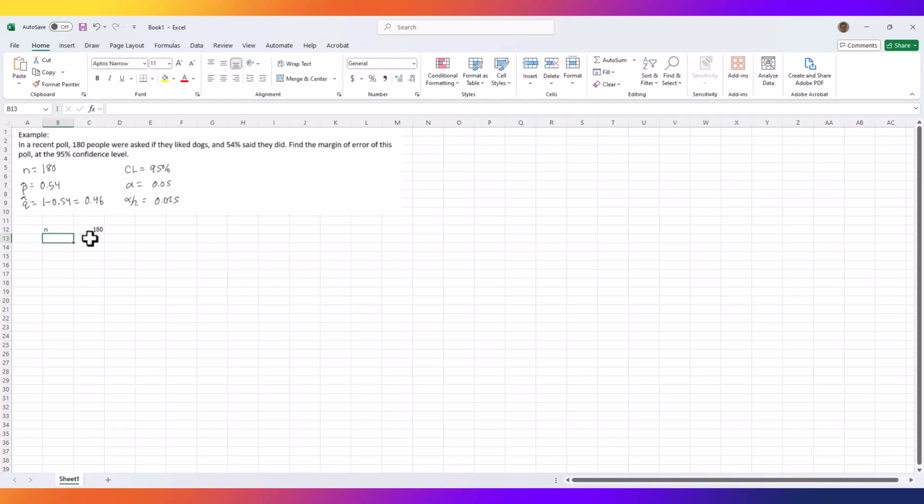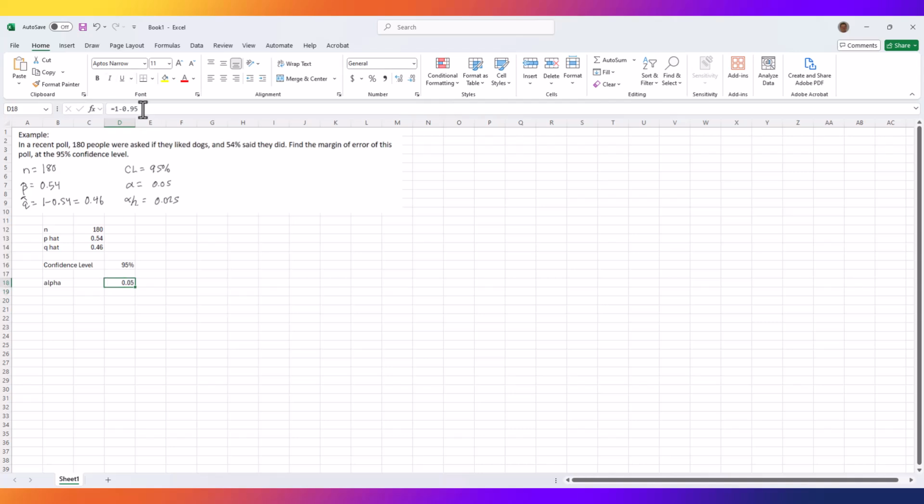Oftentimes I don't write the values there, I like to get them in here, but I'll write them here so we have it. Confidence level, 95%. Alpha, 1 minus 0.95.